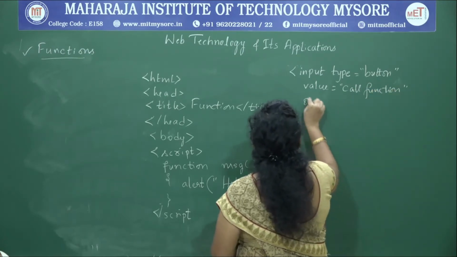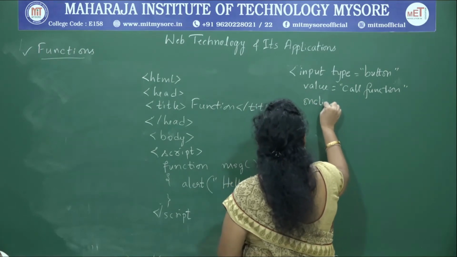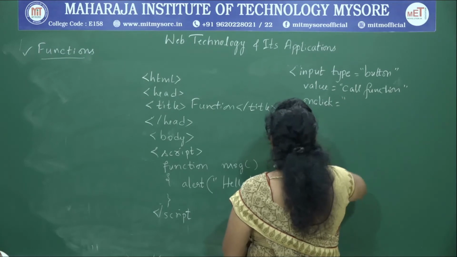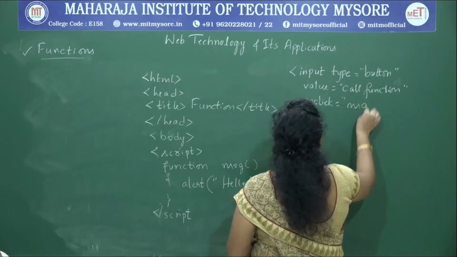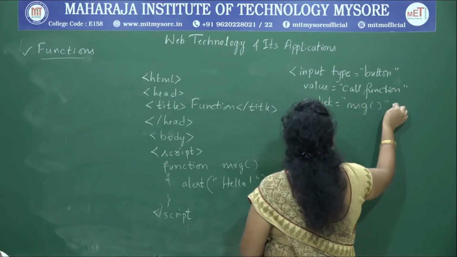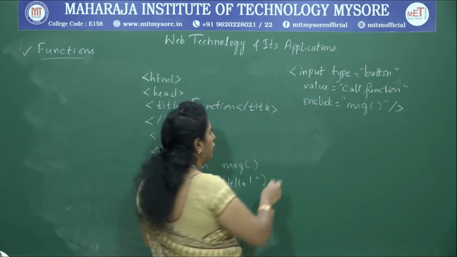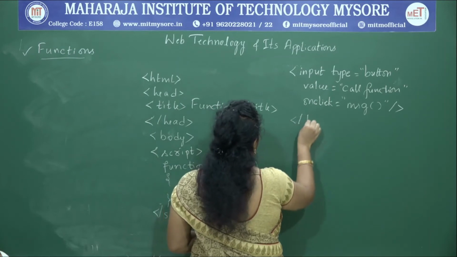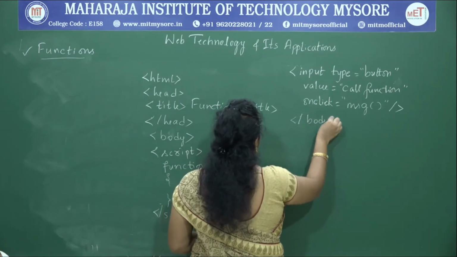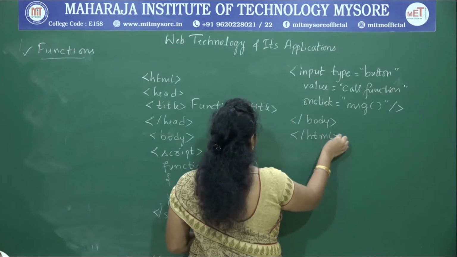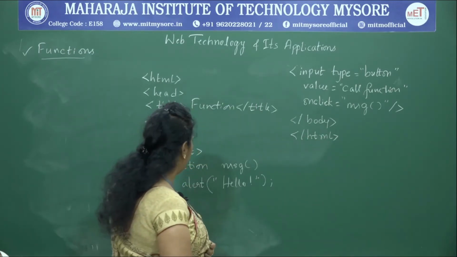Then when you click on it, on click, what do you want to do? That should call the function message. Is it right? So this is how you can write an input type, then close the body, also close the html.